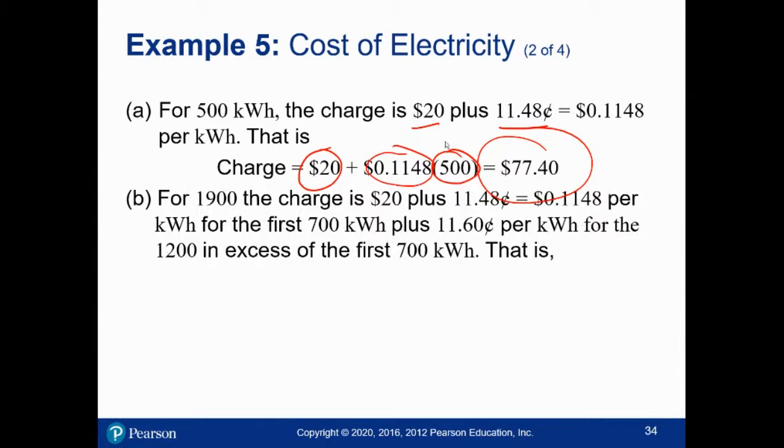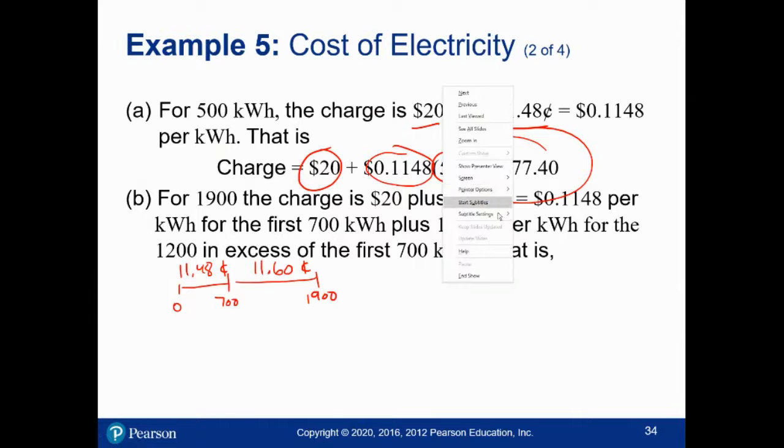Okay, for 1900, however, we have different costs for different kilowatt hours. So for costs going from, say, 0 to 700, we're using 11.48 cents. But from 700 to 1900, we're using the higher cost of 11.60 cents. Okay.